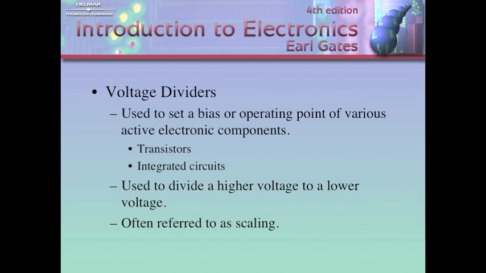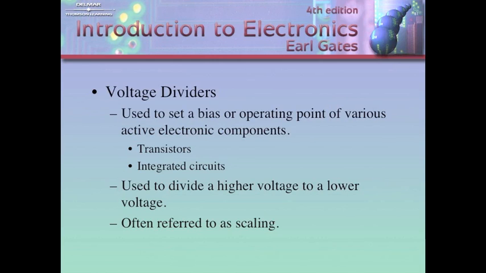Our next slide discusses voltage dividers. These are circuits used to set up a bias or operating point of various active electronic components. If you want to operate a transistor, you need to properly bias the transistor. If you want an integrated circuit to function properly, you need to bias the integrated circuit. The circuit that we use to set up these bias levels are simple voltage dividers.